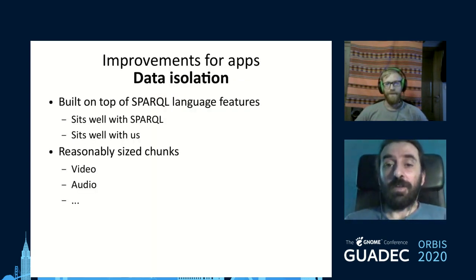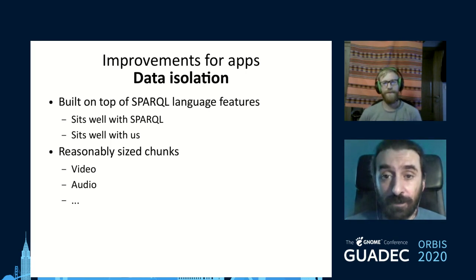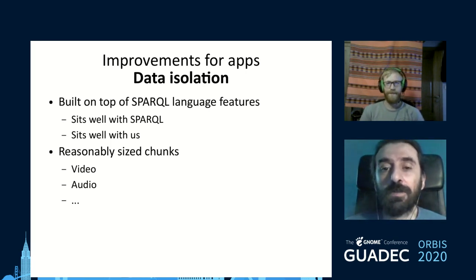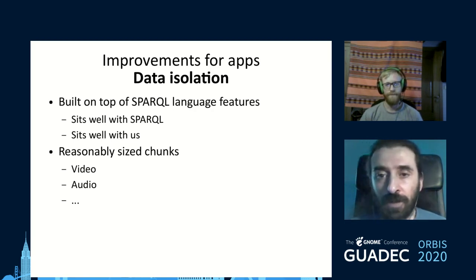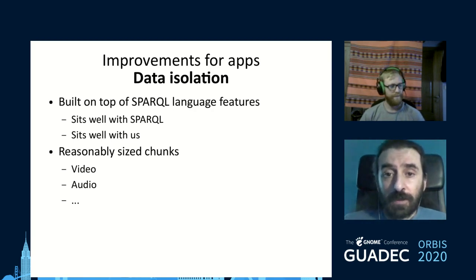And yeah, well, so the big improvement for applications is, of course, data isolation. We don't require everything to be shared to everyone, and we allow certain applications to access only bits of the data, and other applications to access other bits.